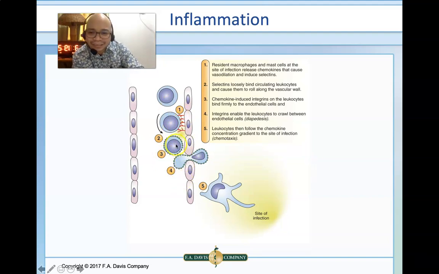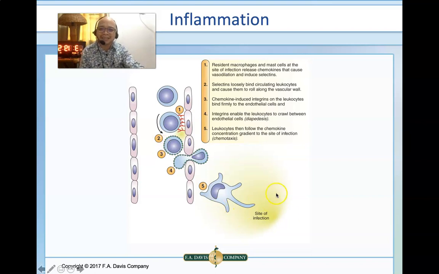And then, what can you see here? The integrin particularly will enable the leukocytes to crawl in between the endothelial cells. Since these are just simple squamous epithelium, leukocytes have the ability to squeeze themselves out. We call it diapedesis.